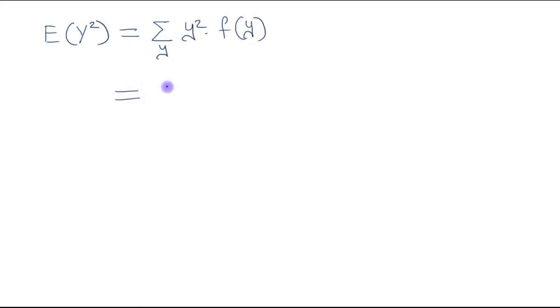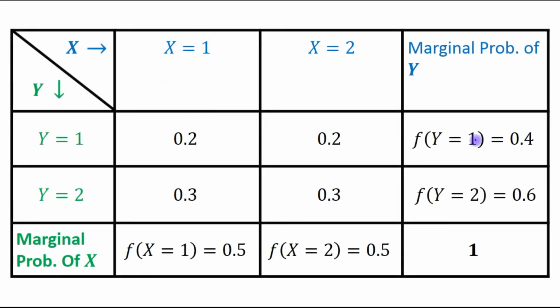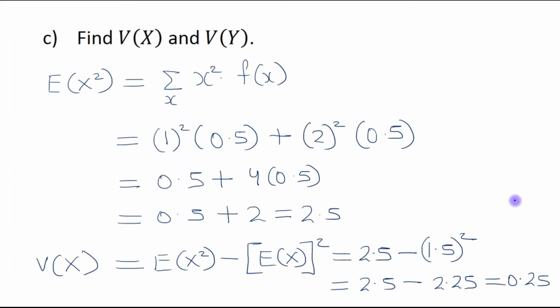Now we will calculate variance of y, and for that we need to find out E y square, which will be, and f y was when y equals to 1, its probability is 0.4, and y equals to 2, its probability is 0.6.